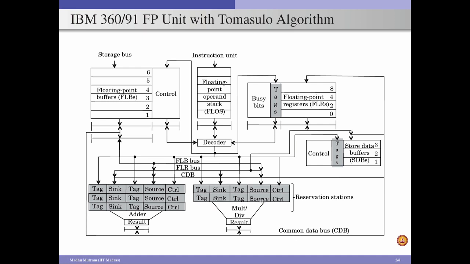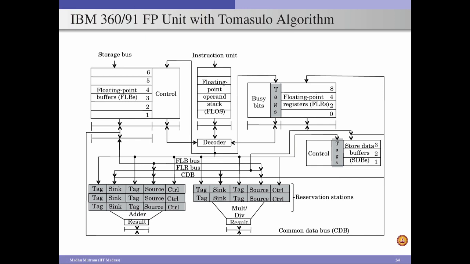So whenever any value is produced and needs to be written to the memory, through this common bus we send it to another register file, that is the store data buffer, and from there we write the data into memory.